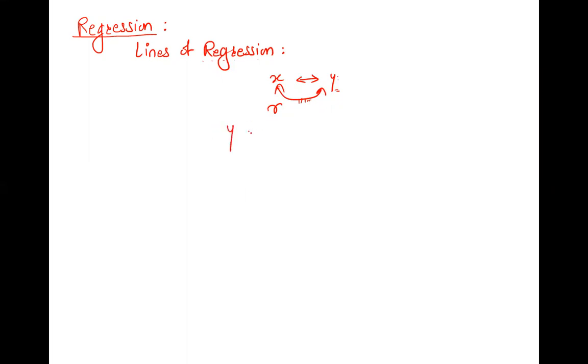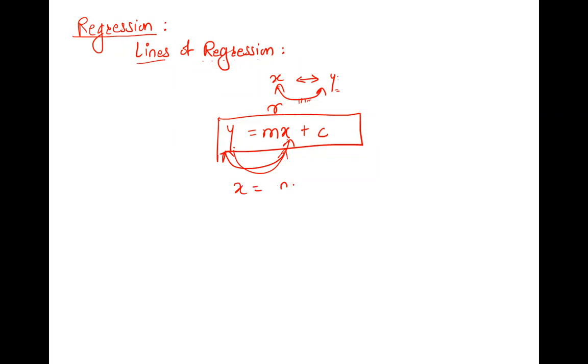As these are lines, y can be related to x as y is mx plus c. That is the line. Do you know this line, y is mx plus c? Or the line x is equal to something y plus c.